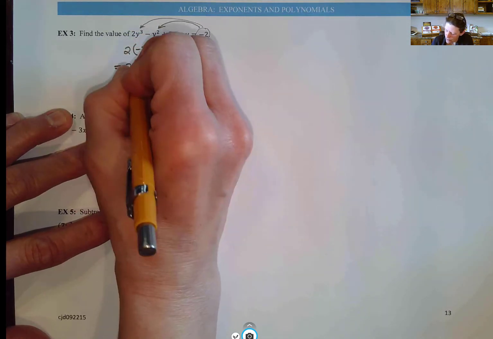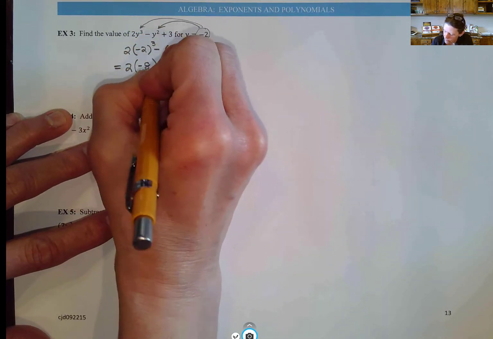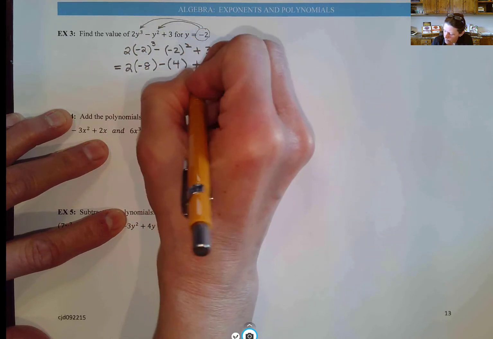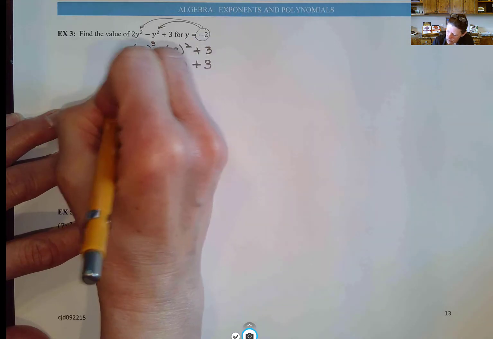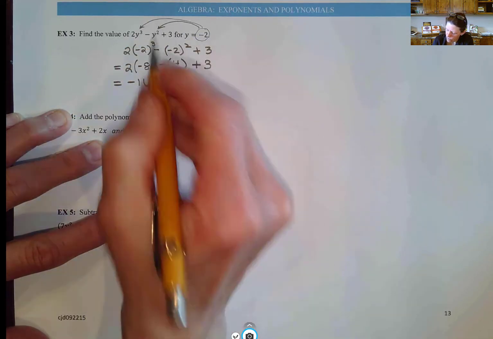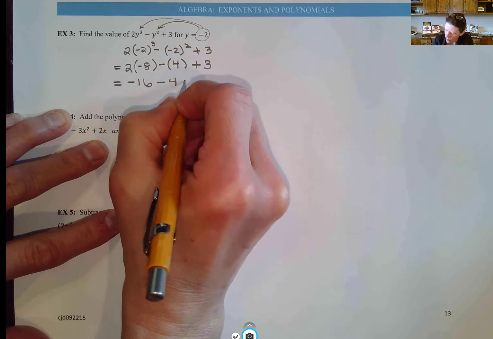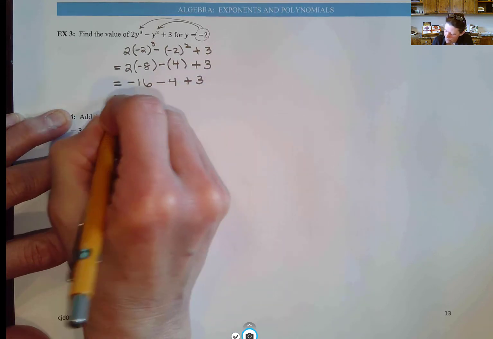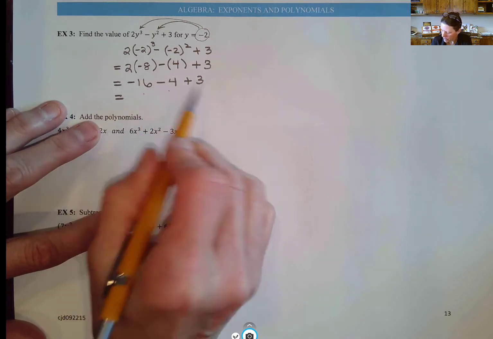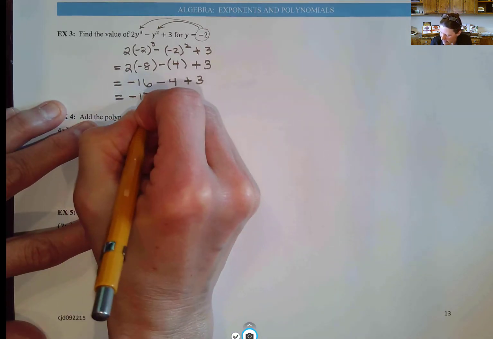Negative 2 to the 3rd is negative 8. Negative 2 squared is 4. 2 times negative 8 is negative 16. Minus 4 plus 3. Negative 16 minus 4 is negative 20. Plus 3 is negative 17.